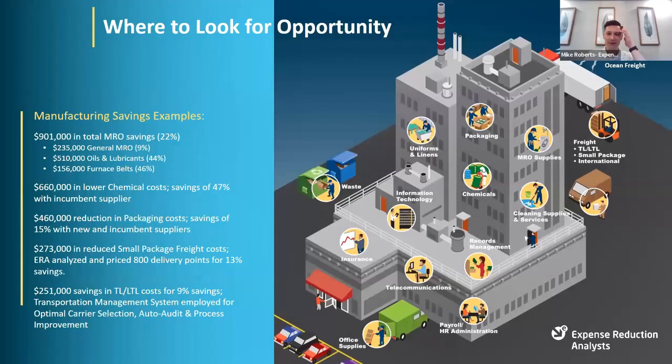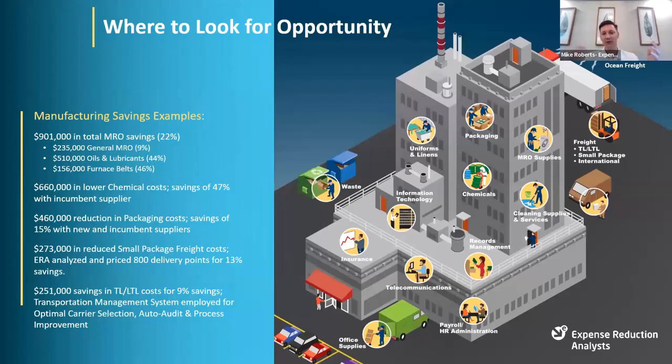Here's just one opportunity to share. So this was a manufacturing client. They had savings of $901,000 in the MRO, which is maintenance, repairs, and operations. $235,000 in general, $510,000 in oils and lubricants, $156,000 in furnace belts.